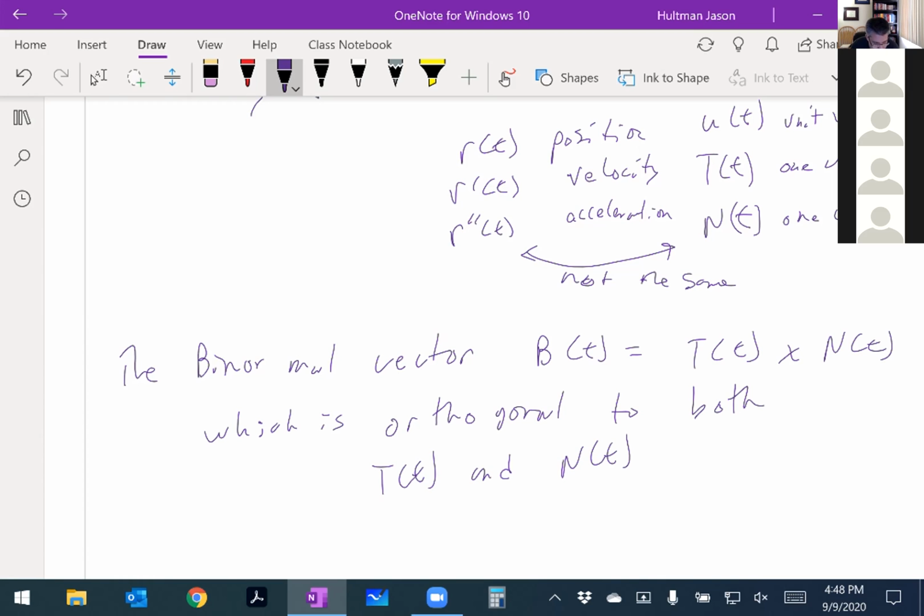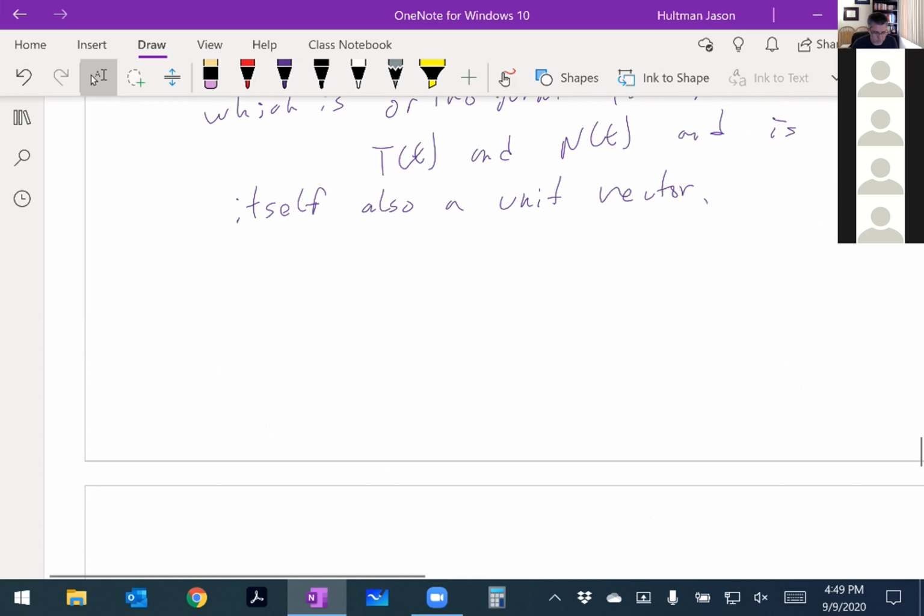It's kind of interesting. Because both T of t and N of t are unit vectors, it is itself also a unit vector. When you cross two unit vectors that are orthogonal, you get another unit vector.